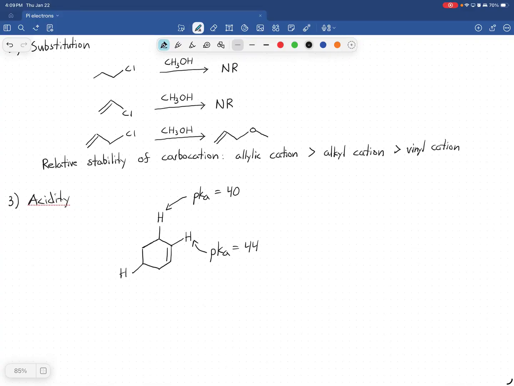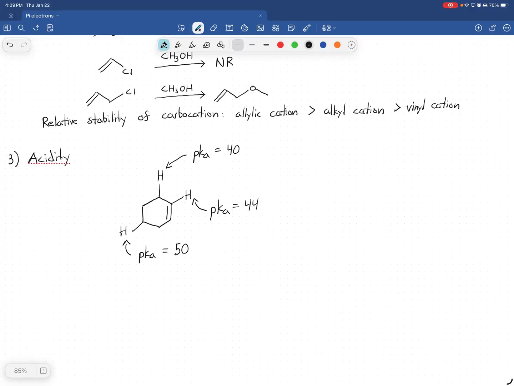All right? Does anyone remember the pKa of an alkane? Let's write it down. It's the highest one I think that's known, 50. So very difficult to deprotonate an alkane. The only way you can generate a carbanion is using a Grignard reagent. So that's the only way. So let's see here which hydrogen is most acidic.